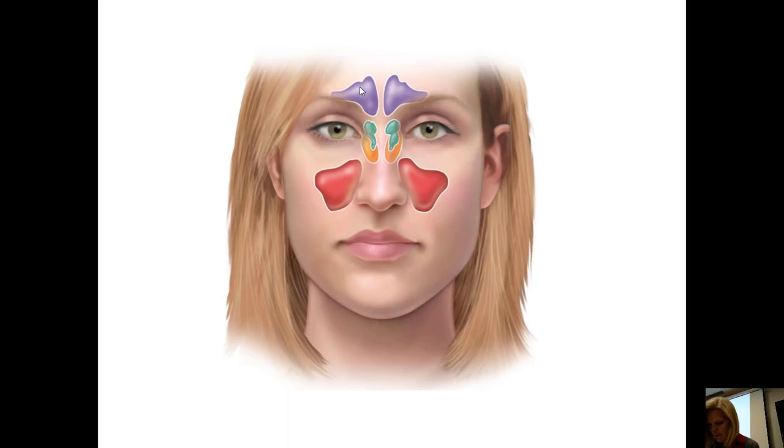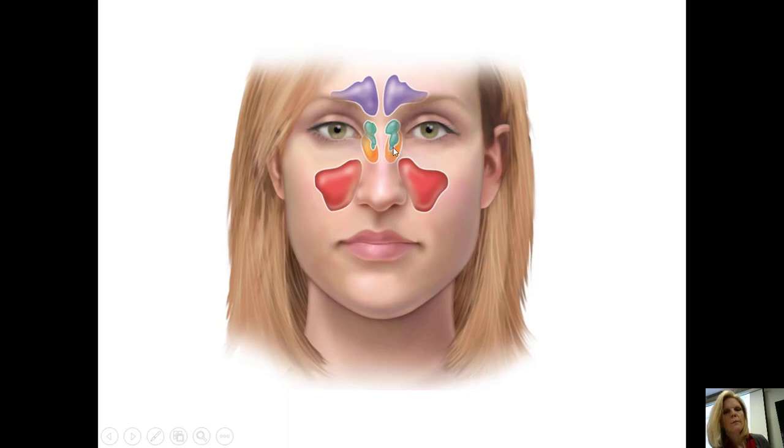And then in looking at this picture here, this picture is on page 215. And then we have a smaller pair of sinuses called the ethmoid sinuses, because that's where the ethmoid bone is. And below that, we have the sphenoid sinuses.